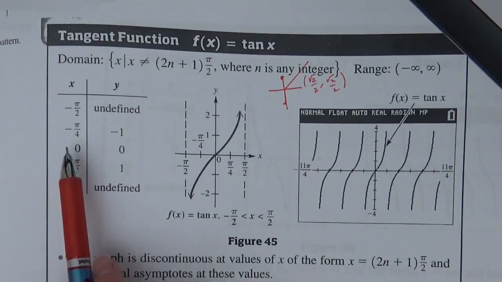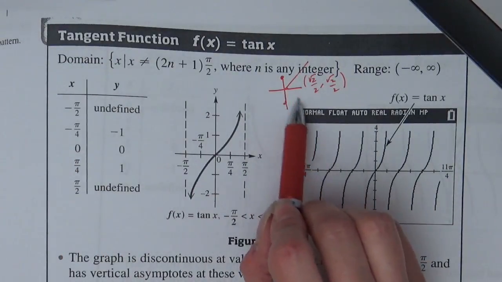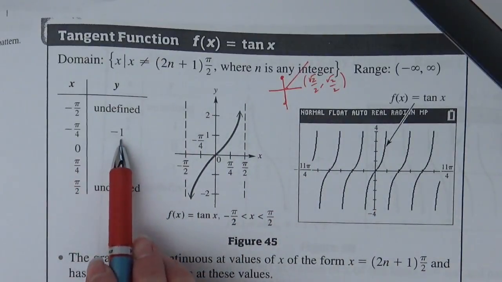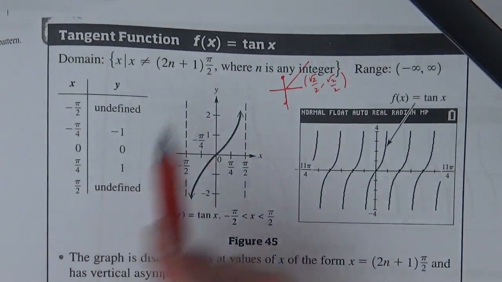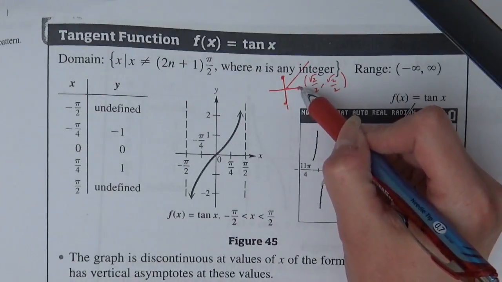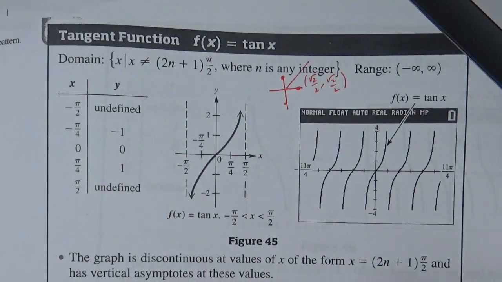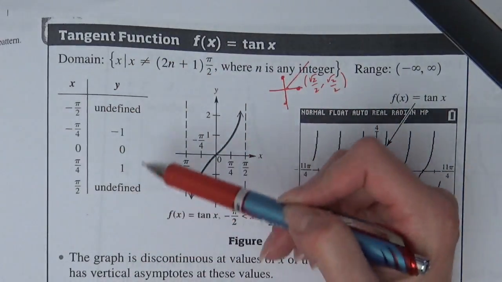And of course negative pi over 4 would be down here in quadrant 4, and tangent would take on negative values there, so we would have negative pi over 4 and negative 1. Tangent of 0 is y over x, so that's 0 over 1, which gives us our 0.